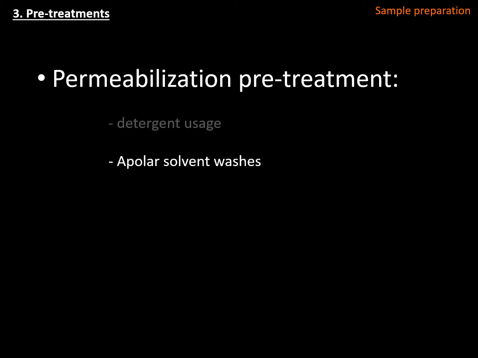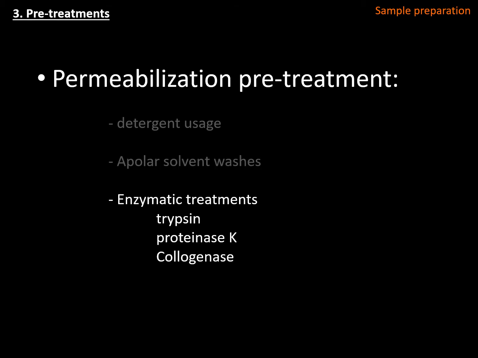The polar solvent washes are also sometimes necessary, for instance treatment with acetone, in order to allow the removal of some components of cell membranes and the creation of holes in the cells and in the tissues that allow a better permeation of your reagents to detect your target of interest. Or enzymatic treatments.